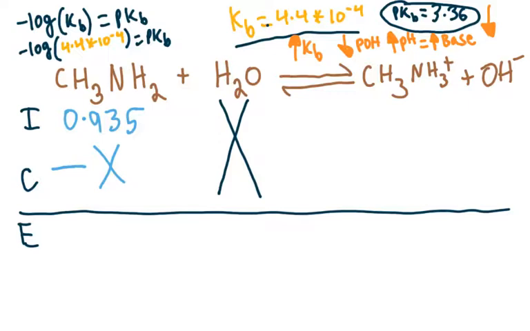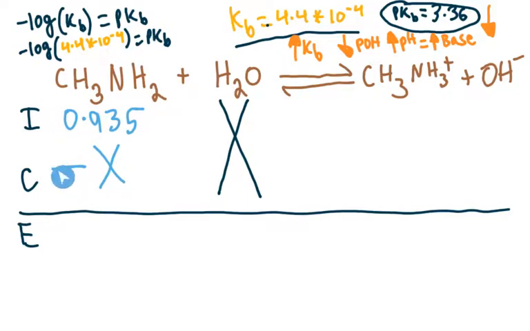Now, if we go over to the product side, our weak base methylamine will only partially dissociate. So some concentration will dissociate, which means we're going to gain, for the products, that same amount that was lost for methylamine.